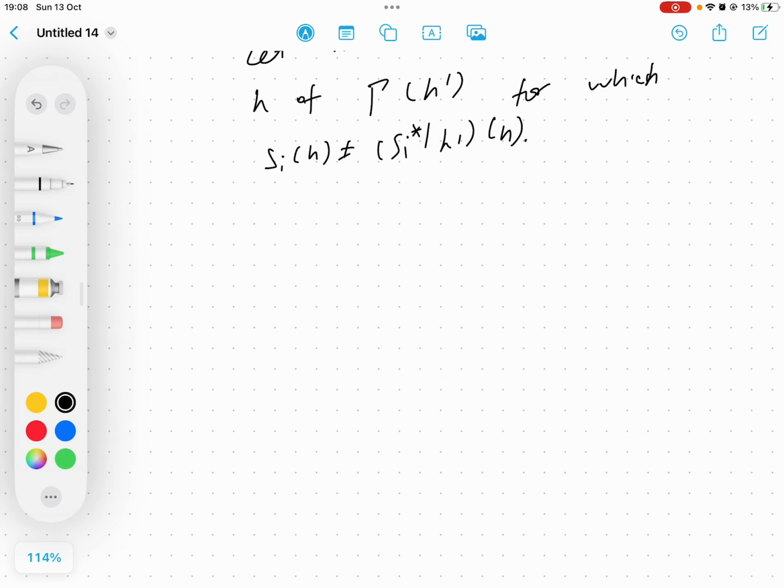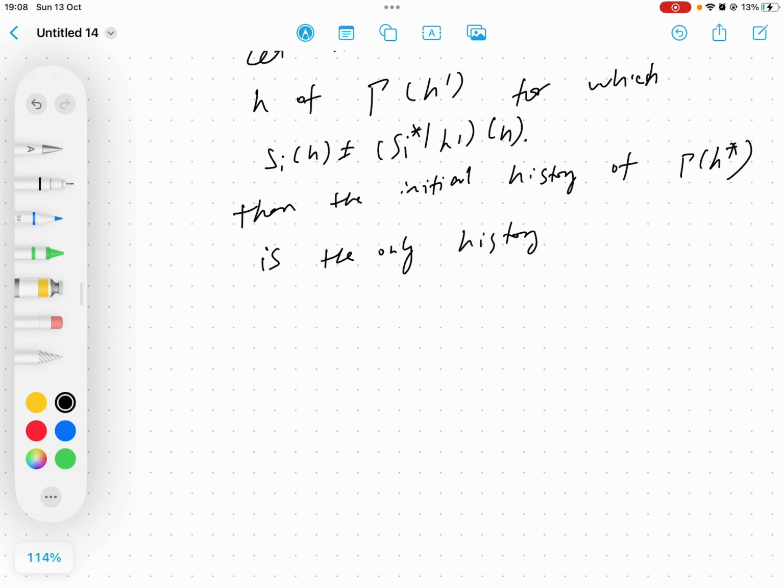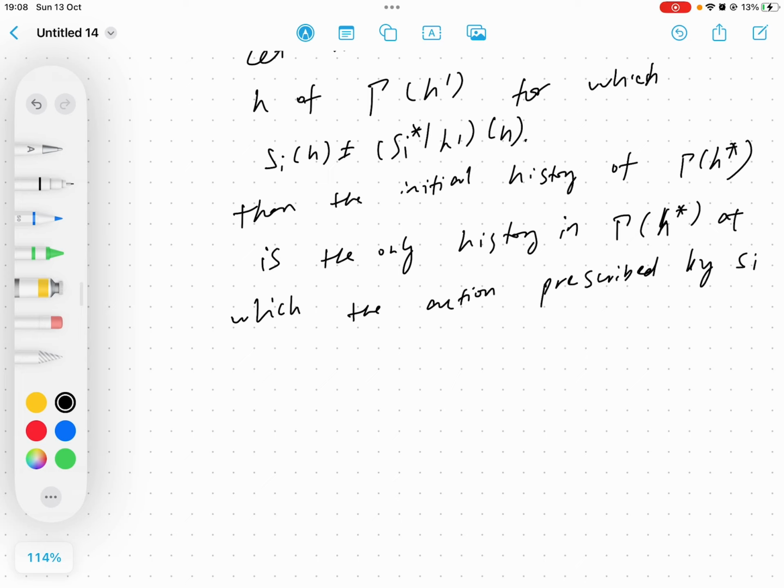Then the initial history of gamma h star is the only history in gamma h star at which the action prescribed by Si differs from that prescribed by Si star following h prime, right?